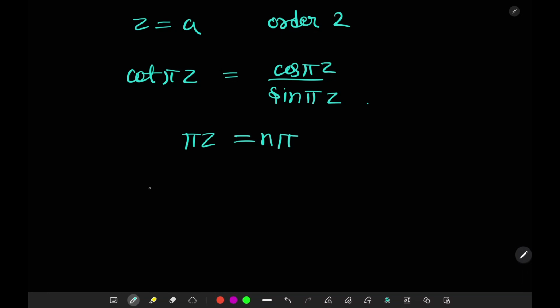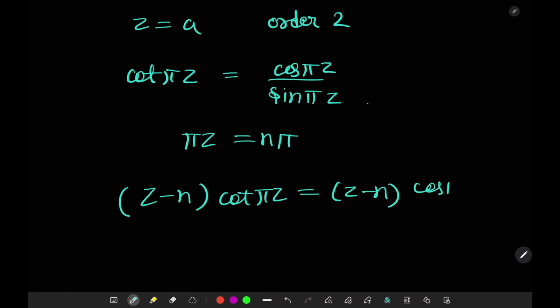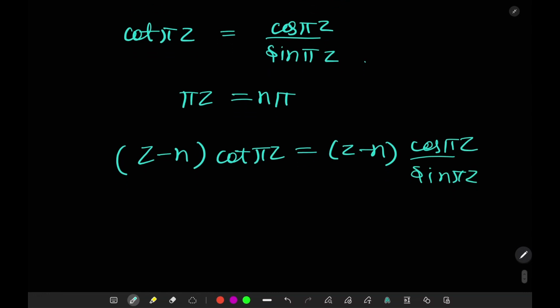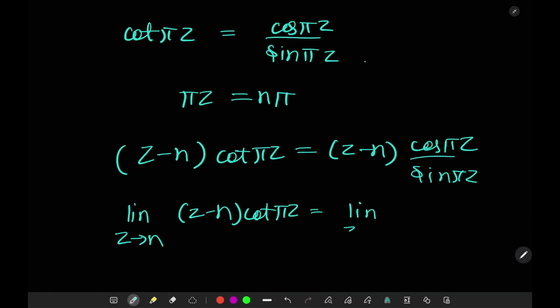So if we multiply (z minus n) into cot pi z, we get (z minus n) cos pi z divided by sin pi z, and taking the limit as z tends to n, this equals the limit as z tends to n of (z minus n) cos pi z divided by sin pi z.